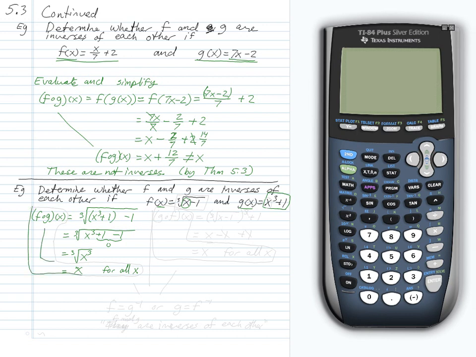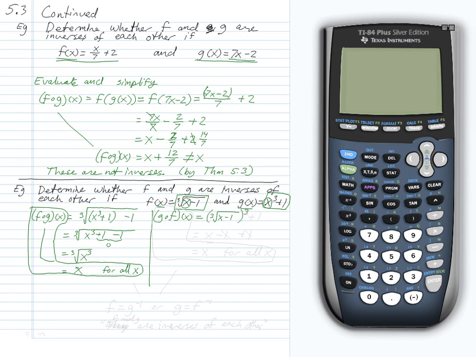Punchline here, f composed with g is equal to x. Now let's look at the other direction. Well, g composed with f is going to involve plugging f, in other words the cube root of x minus 1, into g. So we're going to take the cube root of x minus 1. That's our input.